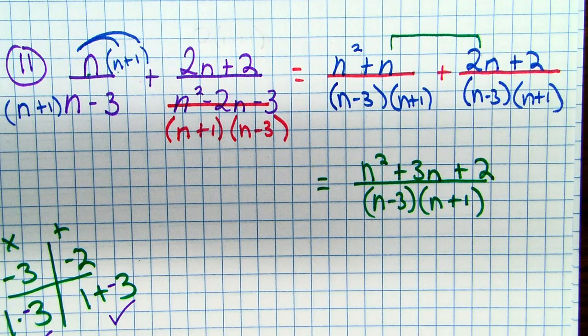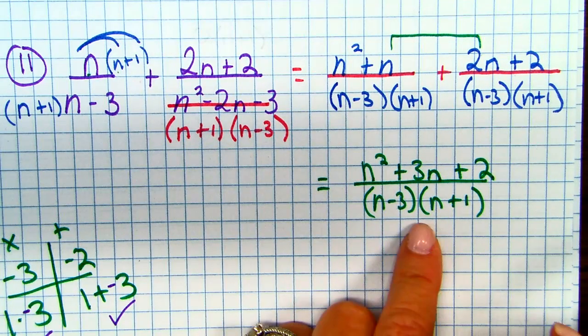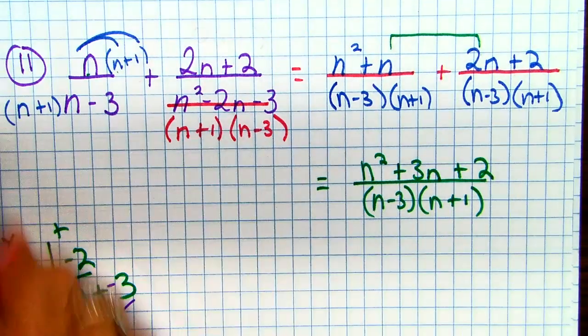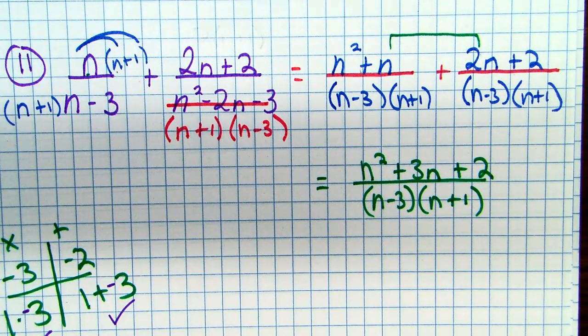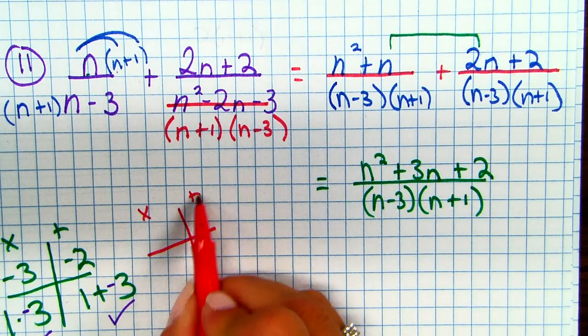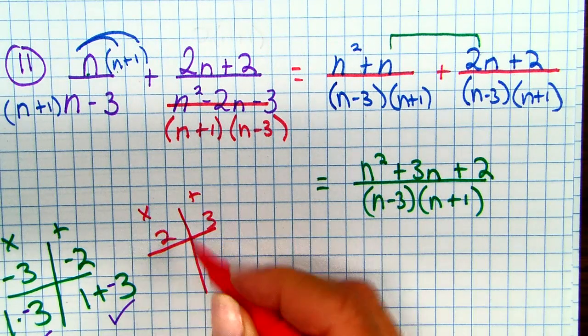Now, guess what? That numerator is a chart problem. You can factor that numerator and then simplify. This is the type of problem you just had in your last quiz, where you factored the numerator, you factored the denominator, and you canceled anything. So sometimes on these polynomial ones, you can do another step at the end. The two numbers are 2 and 3. 2 is prime.